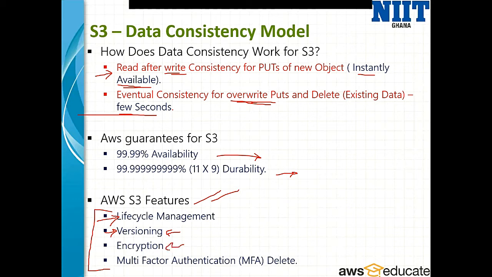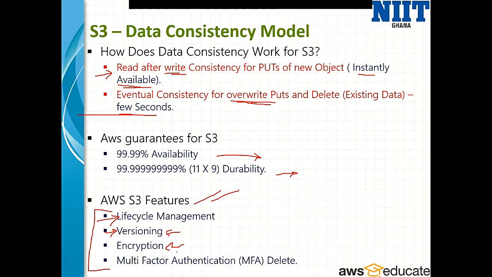Encryption, as you know, is a way to protect your data at rest. When data is stored inside a storage system, maybe a hard disk, and you need protection over the data, that is considered data at rest. So it provides data at rest encryption, so the data cannot be seen by anyone who gets access to the hard disk directly. It needs keys to decrypt the data to make it available to the client.